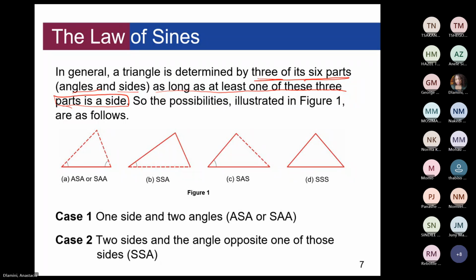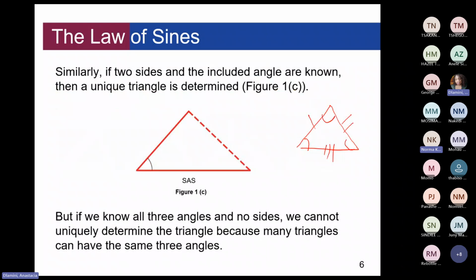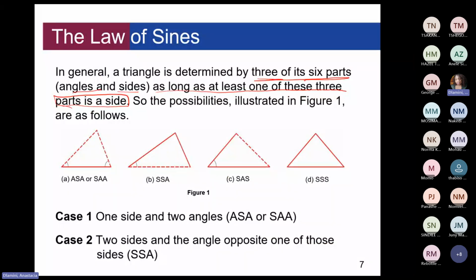What we said, all angles is not allowed, reason being we can generate many triangles from just knowing the angles. So meaning all of them can be sides, two of them can be sides, or one of them can be a side, and the others can be angles.